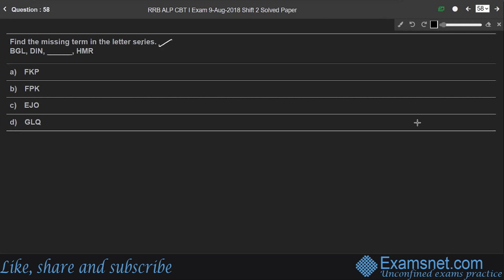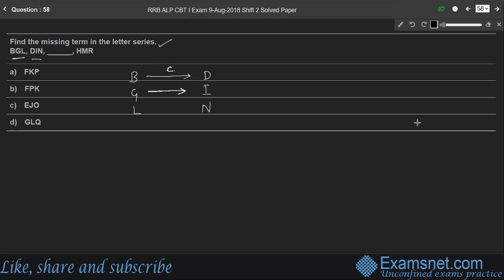Question 58. Find the missing term in the letter series. Here is the first letter cluster BGL. In the second letter cluster DIN, the relation between the first two letters is, after B we have one letter which is C. Therefore we can write B plus 1 as D. We have one letter between B and D, which is C. Consider the second letters in the letter clusters.